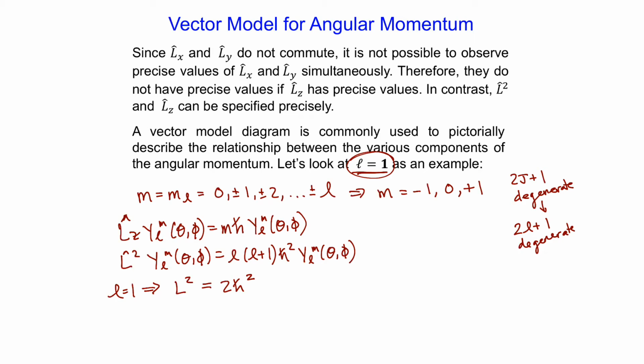And then we have our Lz eigenvalue of essentially minus h bar, 0, and plus h bar. We get 3 of them. So now we have all of the eigenvalues that we're interested in for total angular momentum squared and Lz.